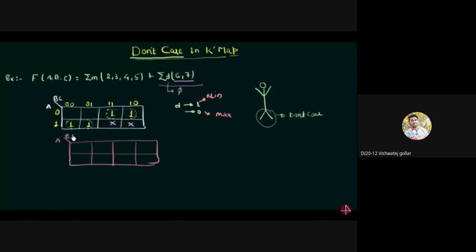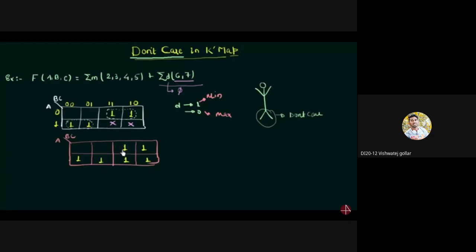This is A, B, C. I'm writing this again in this map, but here I'm changing the cross to 1. Why? Because this is a don't care and I can take it as 0 or 1.